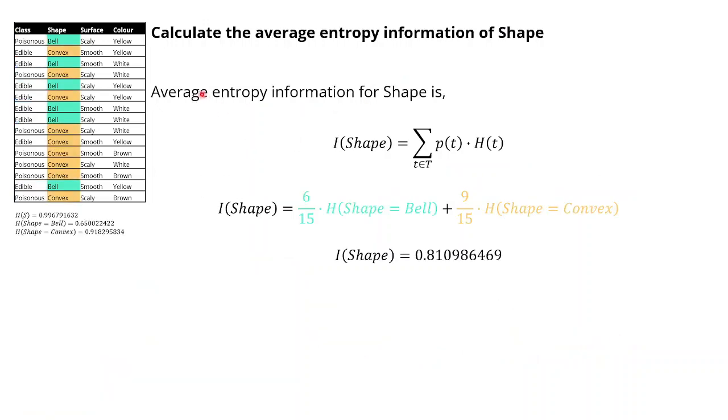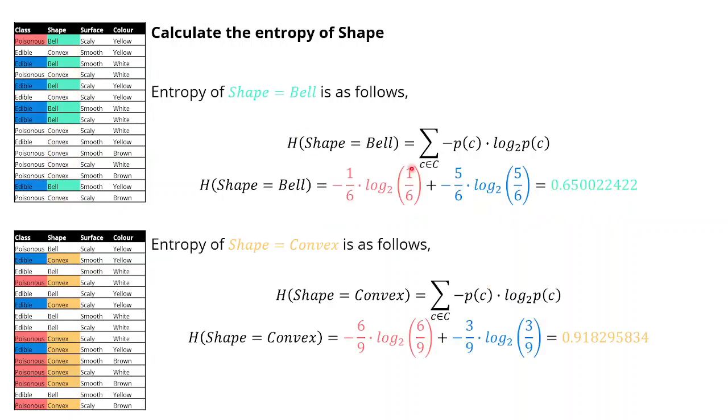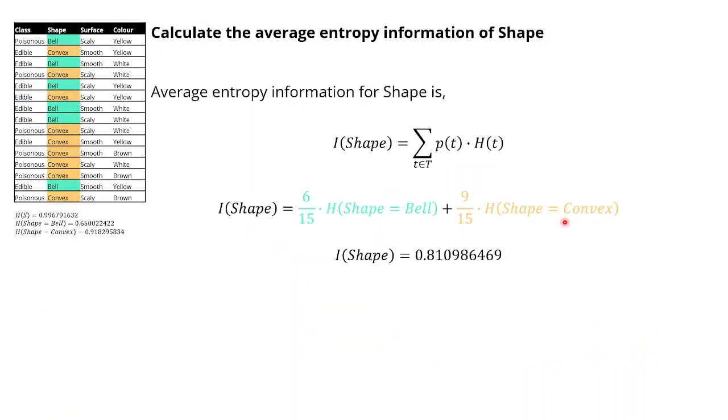Next, we calculate the average entropy information for shape. We take these values here, the green and yellow values, and multiply them by their percentage or distribution in the dataset. For example, how many bell-shaped do we see? We have 6, right? 1, 2, 3, 4, 5, 6. And then we have 15 rows.